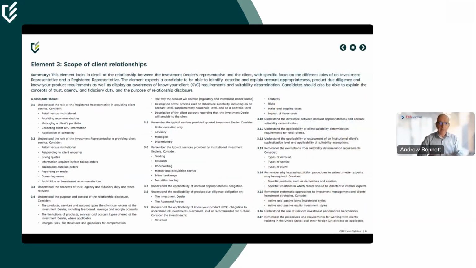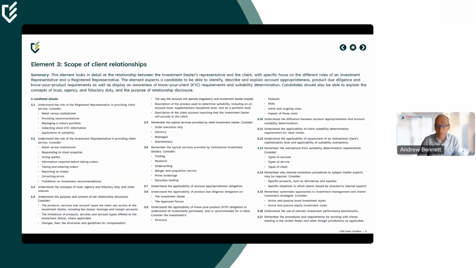Element 3 then, again, we've got the summary at the top like we do for every element. What I want to focus on here is learning outcomes 3.7 to 3.12. Here we've got the learning outcomes that move around know your client, account appropriateness, know your product, suitability requirements, and they're great examples of how the syllabus will target the people who are required to sit the exam.